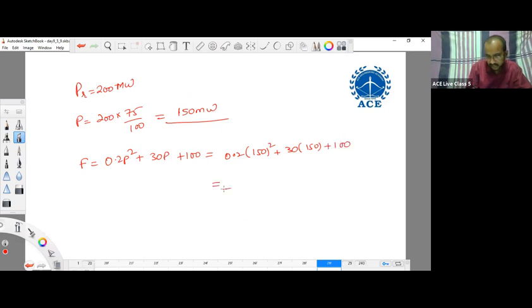How much do you get? What is the fuel cost in rupees per hour? Calculate and post the answer.